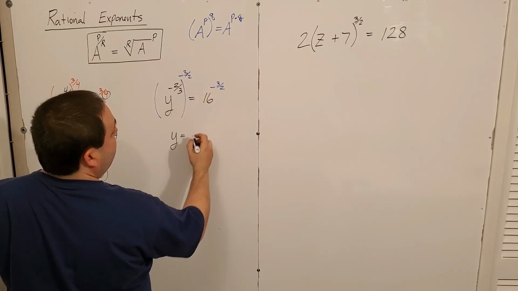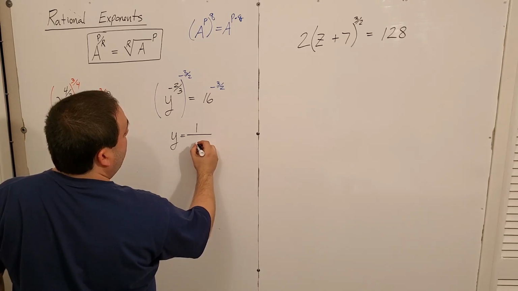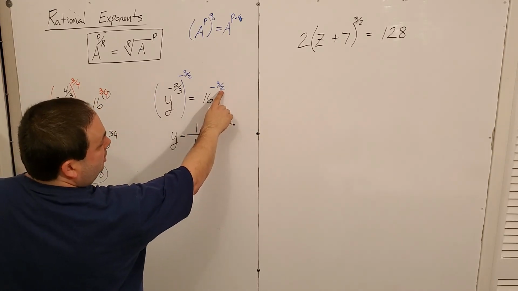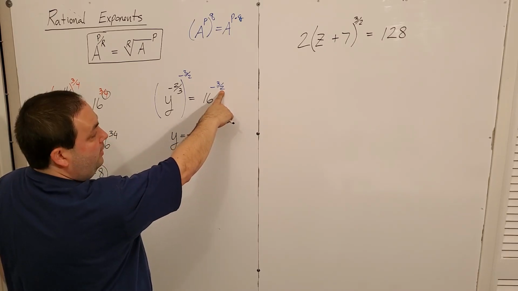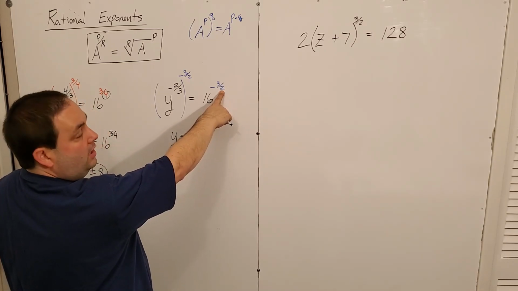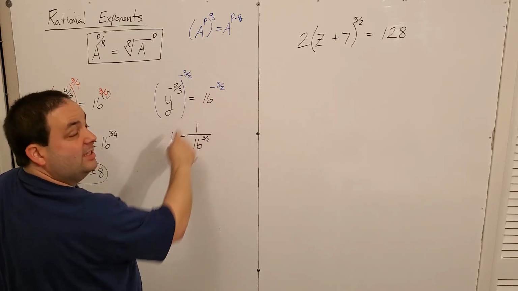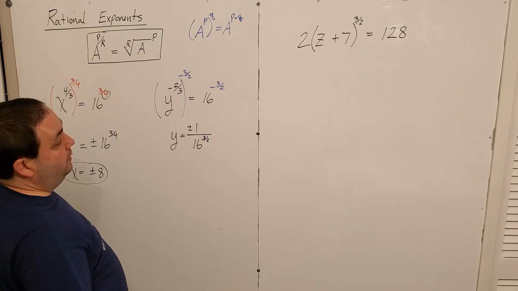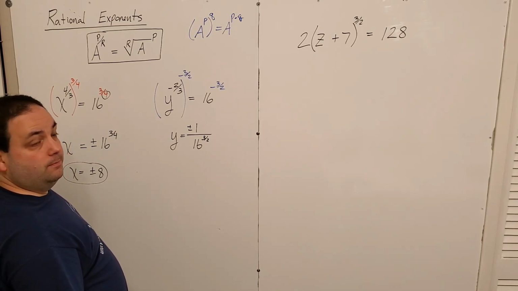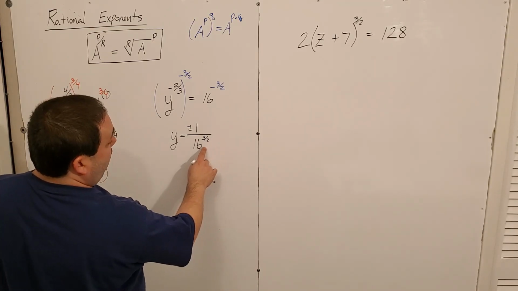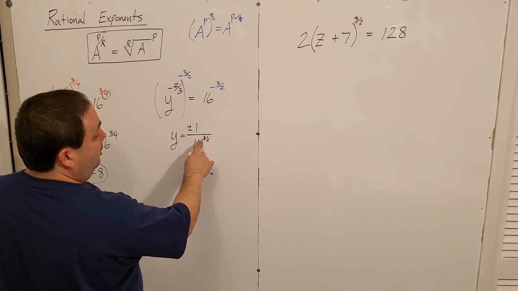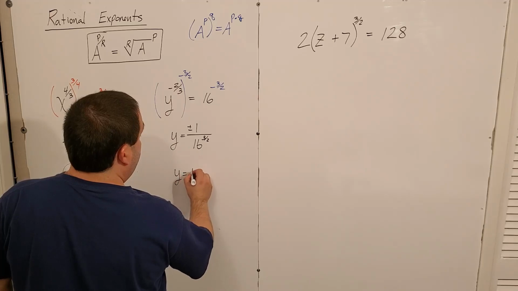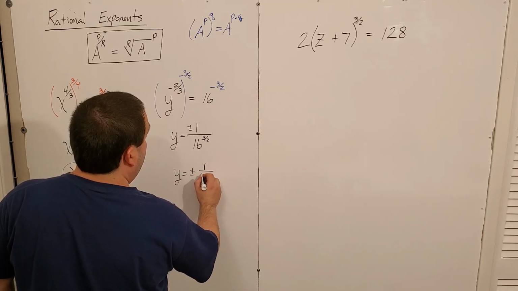A negative exponent moves something into a denominator. And then again, pay attention to that root number here on the bottom. That is a 2 root that I'm performing. Well, that's an even powered root. So again, I've got to bring out that plus and minus just because it's an even root. Okay, so the square root of 16 is 4, to the 3 power is then 64. So I'm getting y is equal to plus or minus 1 over 64.